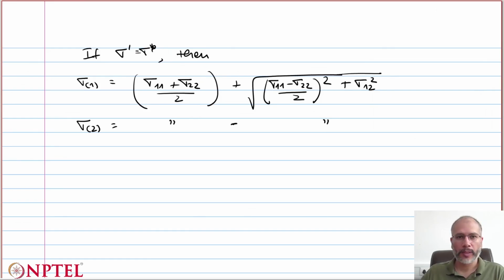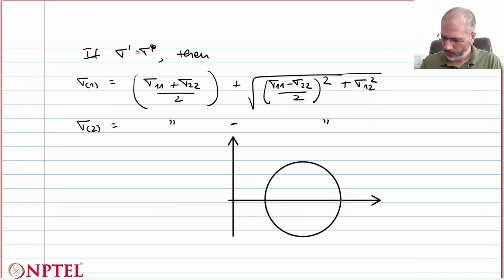So it's worth looking at it from a geometrical picture as well. So let's do that. So this was sigma 1, this was sigma 2, and let's label the axis as well.